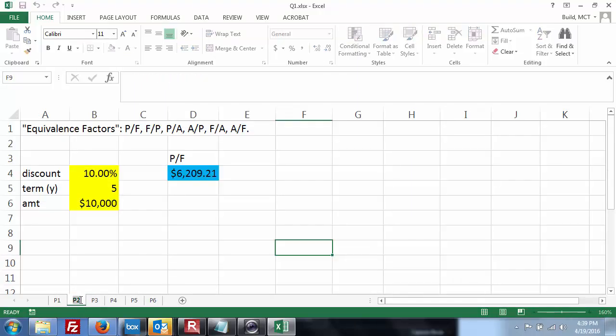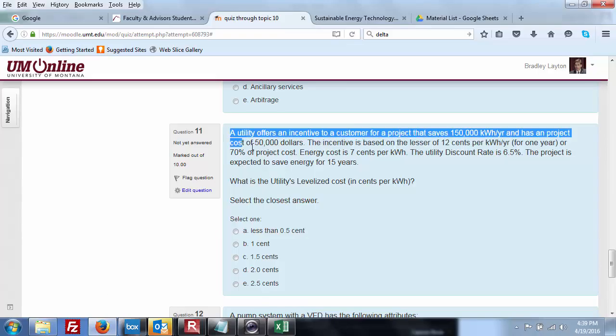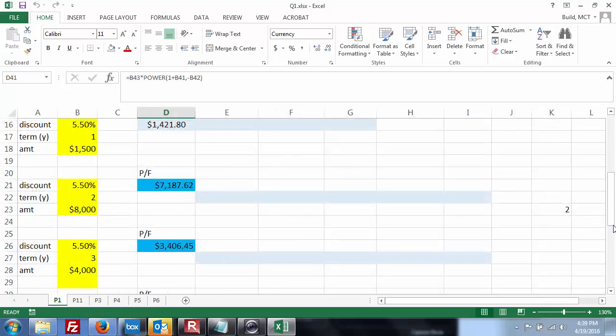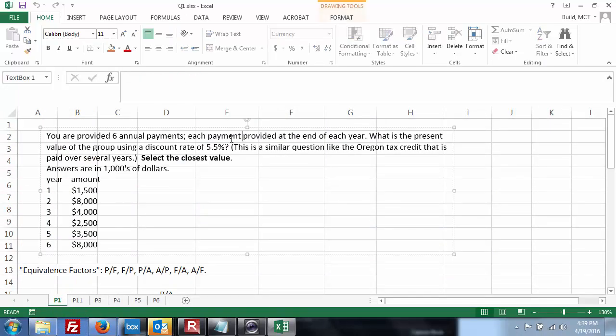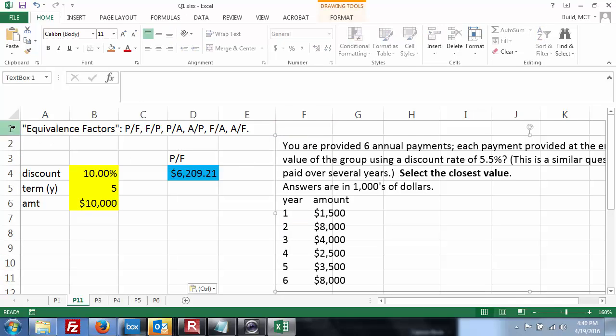I'm going to call this P11. So I'm going to start here, go up here, copy this, come down here, paste it there.